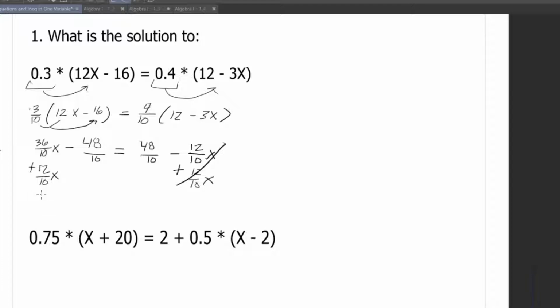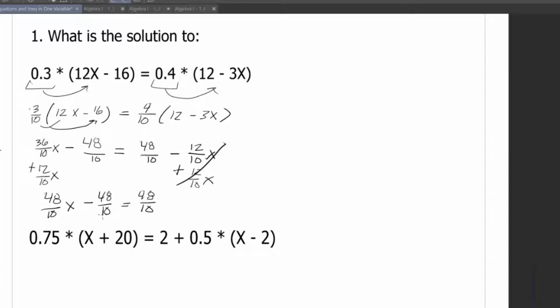So that's going to give us the new equation. It's going to be 12 over 10x plus 36 over 10x, which is 48 over 10x, minus 48 over 10, and that's going to equal 48 over 10.